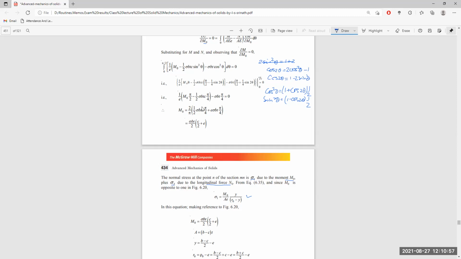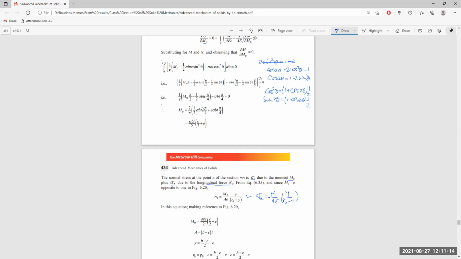That is given by sigma x equals M by AE minus M by AE multiplied by y by R0 minus y.